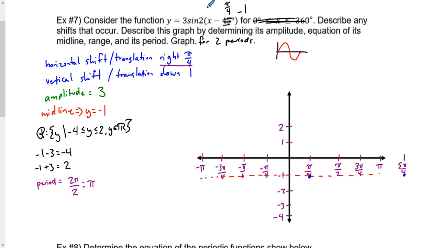Next thing we can identify is that mid value, where we cross the x-axis, but our x-axis has moved down 1. So our x-axis has moved down 1. It's going to cross our new midline halfway in between, which this one is 3/4. We hit its highest value halfway in between these two, which is at 1/2 pi.